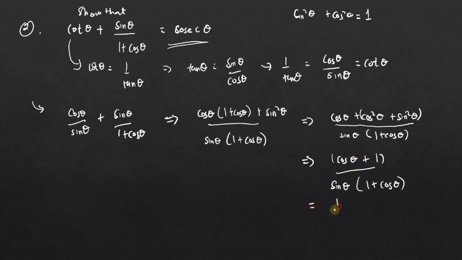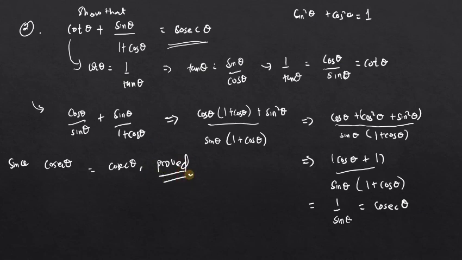And you have 1 over sin theta, which is equal to cosec theta. Since the answer we got, cosec theta, is equal to what they also have, cosec theta, we can say that our expression is proved.